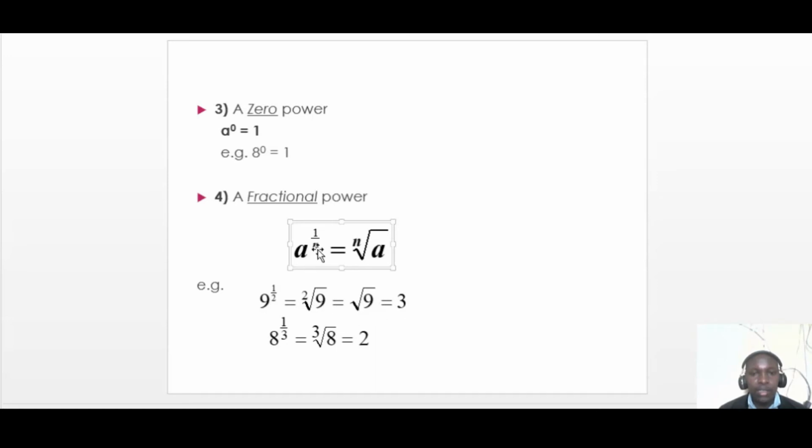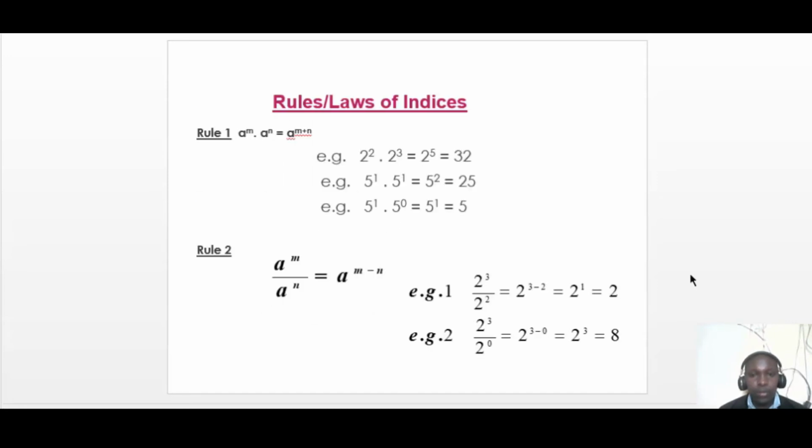Suppose n is 3, which will give us 1 over 3, like 8 raised to power 1 over 3, then this will be the cube root of 8, which is equal to 2. So 1 over n simply means it is the nth root. If it is 1 over 5, then this will be the 5th root. If it is 1 over 6, it will be the 6th root, and so on.